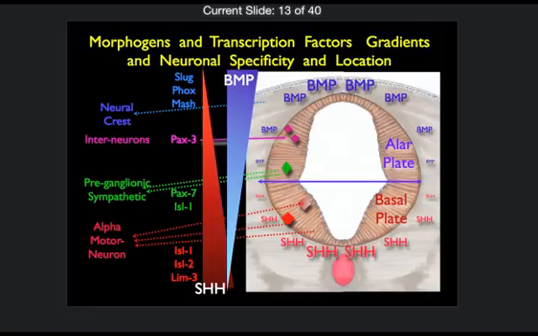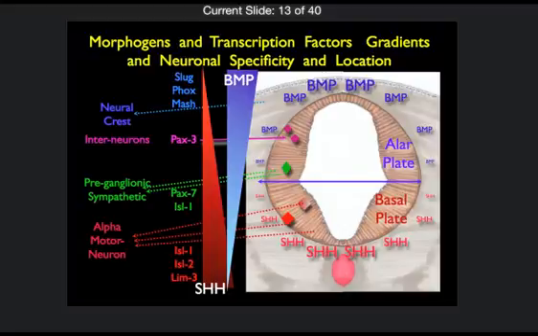Now, you've seen this before, and I'm not going to spend much time on it, other than on the ventral side of the developing spinal cord, in contrast to the dorsal. Sonic hedgehog is important and in high concentration, and then by diffusion gradients, it will decrease.